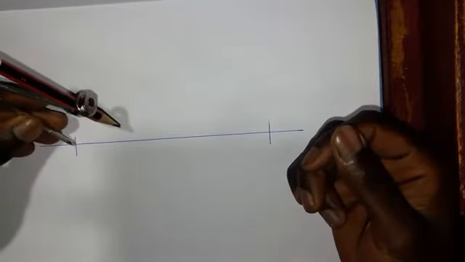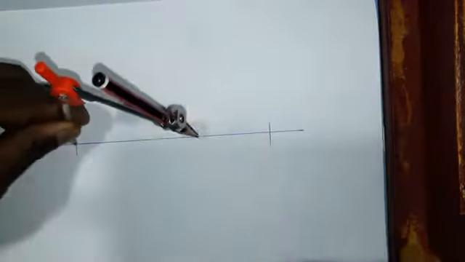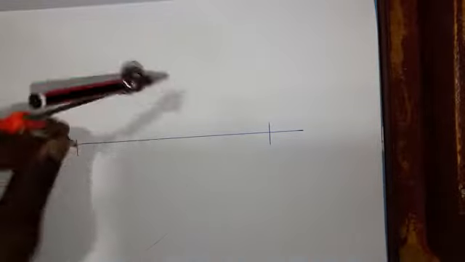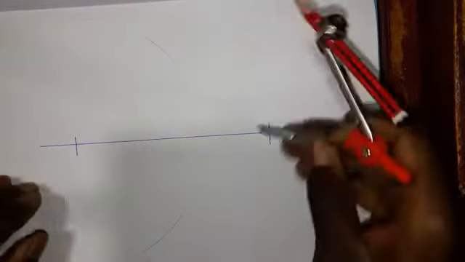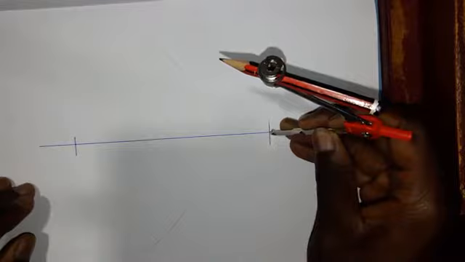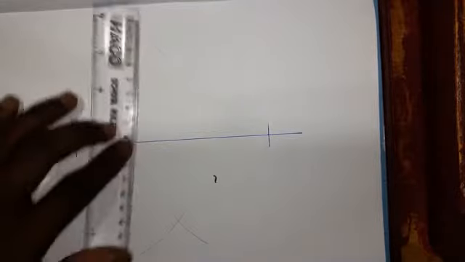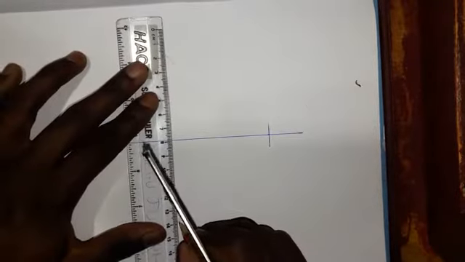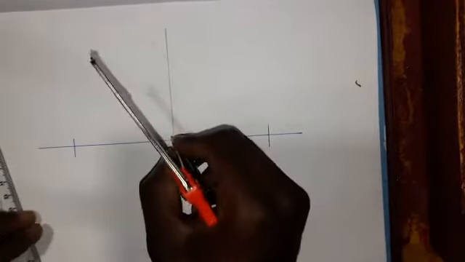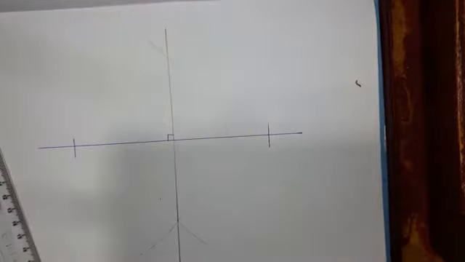So for example, in this case, I'll just extend greater than the half of that length, draw two arcs, and then I'll just join. You'll be able to prove that on your own time. You'll notice that this will be 90 degrees.